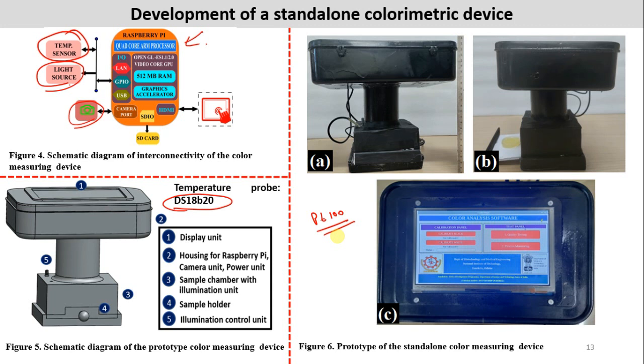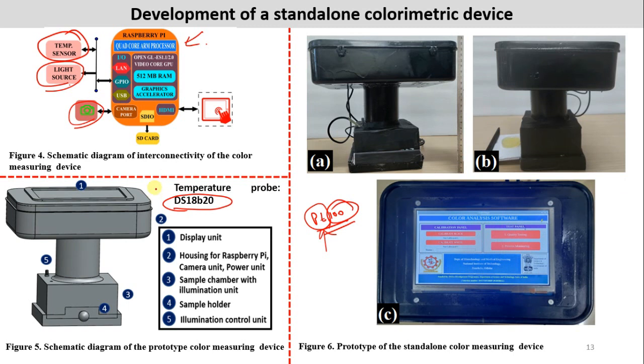So PT is platinum. What does 100 mean? 100 means 100 ohm platinum resistance. Yeah, thermistor. Okay. So PT100 is a 100 ohm platinum resistor which is used as a thermistor in industrial processes. Okay.